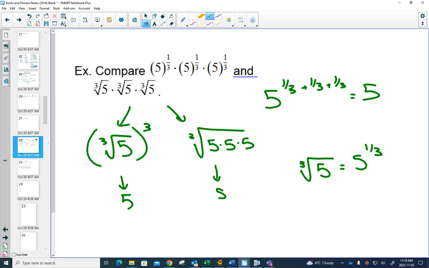Then you just add the tops. 1 plus 1 plus 1 would be 3 over 3. Wouldn't that be 6? Yeah. 3 over 3 is equal to 1. But then we have 5. No? 5 to the exponent of 1. Which is 5. So 5. Oh, okay. 3/3. Yeah. I knew it's 3 over 3, but I just thought you're adding it, so I thought it was 6.